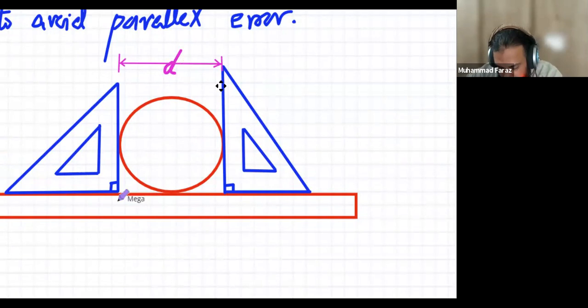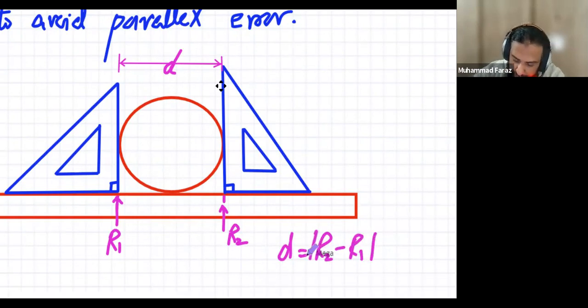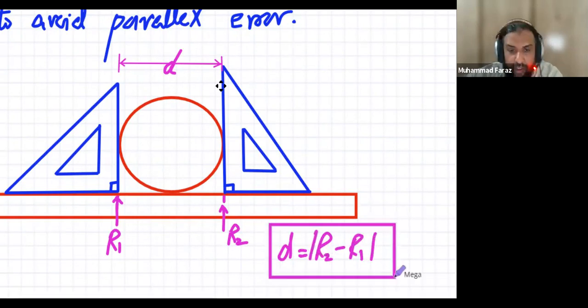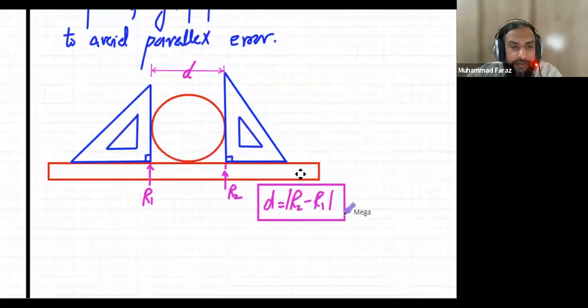So what we do is, can we see this reading? This is reading one. This is reading two. And diameter will be reading two minus reading one. So this is how we can measure diameter of something without doing parallax error. Okay.